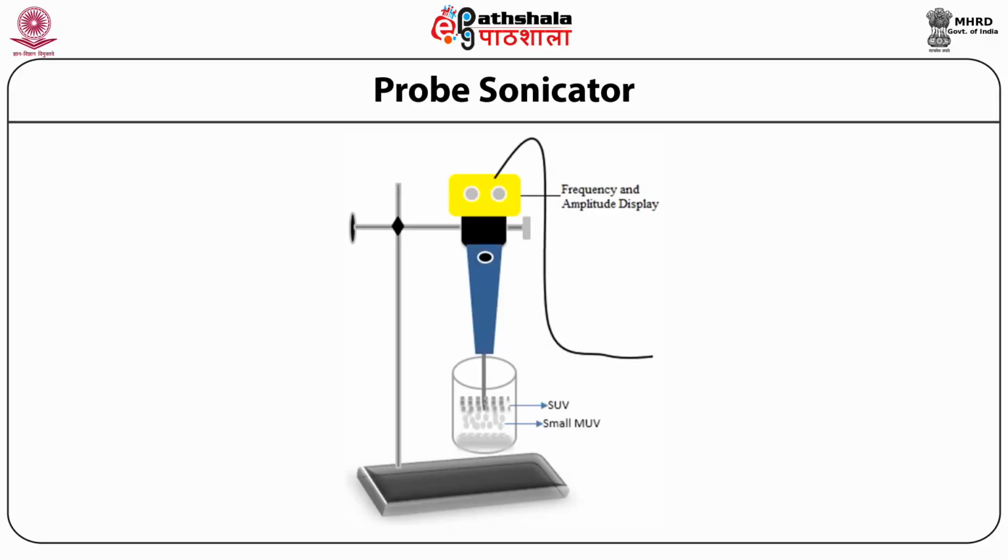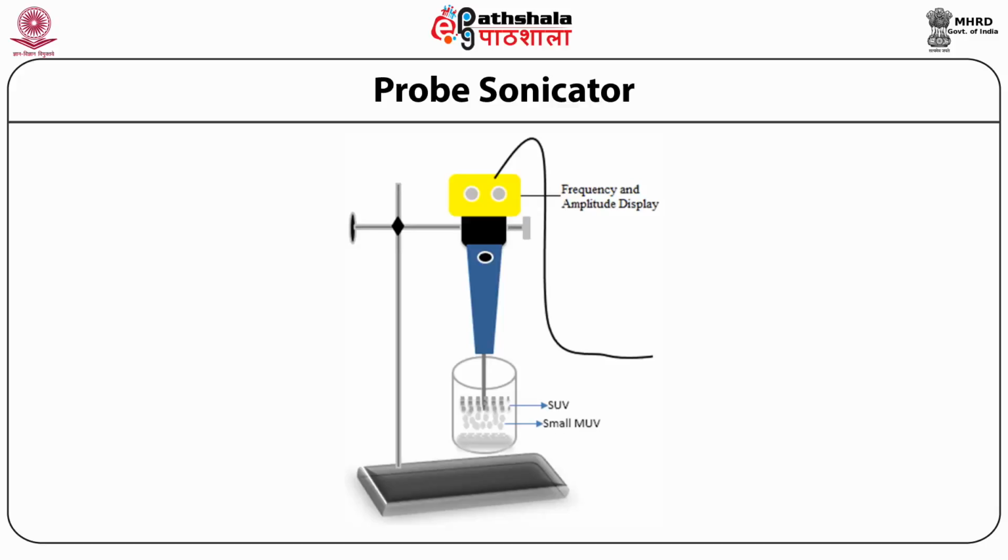This slide shows a probe sonicator with a display unit indicating the frequency used in sonication and the time set for sonication. Provision for monitoring the temperature is also available in newer models of the probe sonicator.